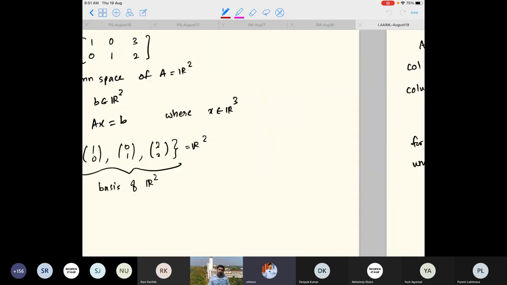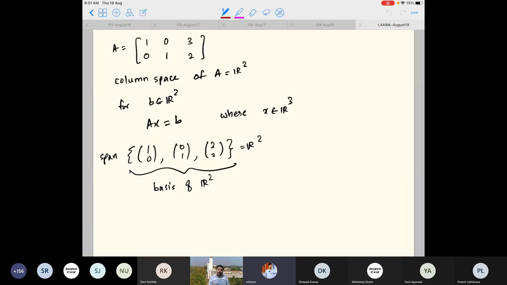So in this particular example, suppose I give b to be equal to (1, 1), right? What is the obvious solution here? Correct, so that A times x is equal to b. I am looking at the first two columns, e1, e2.